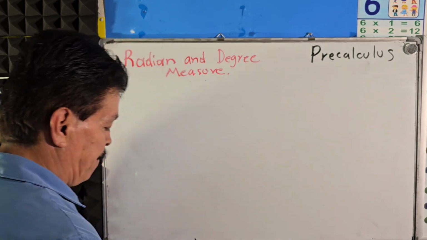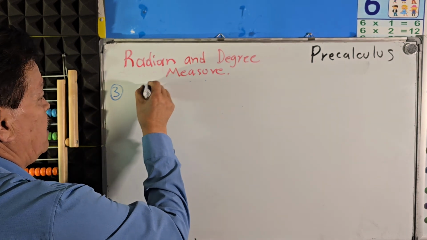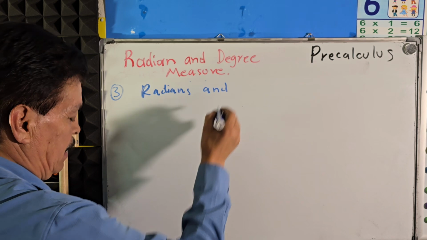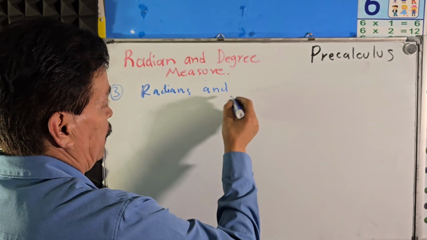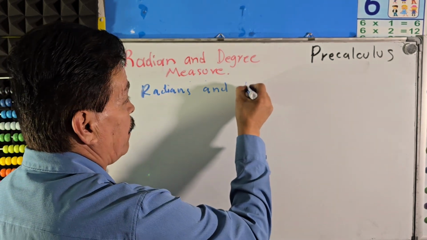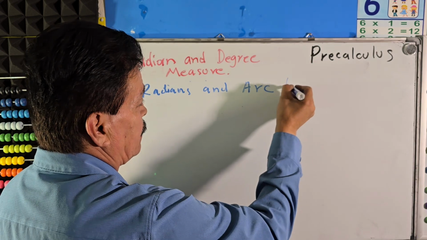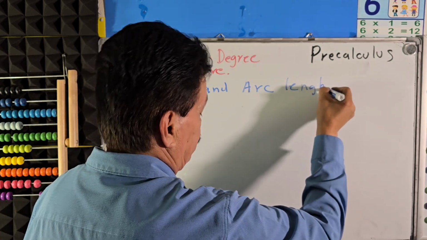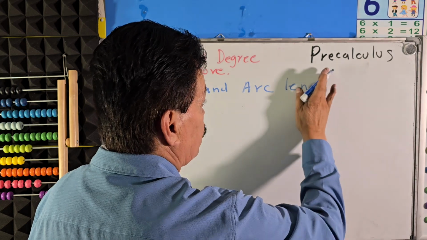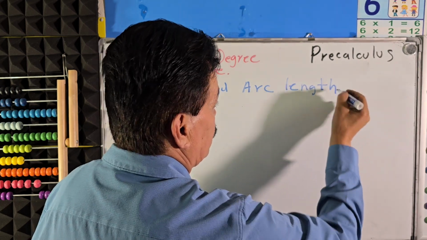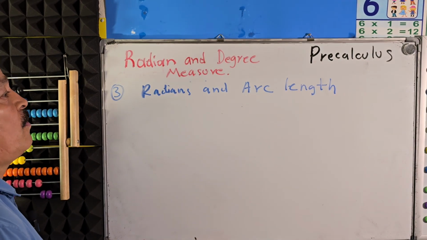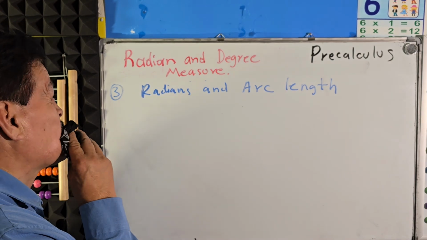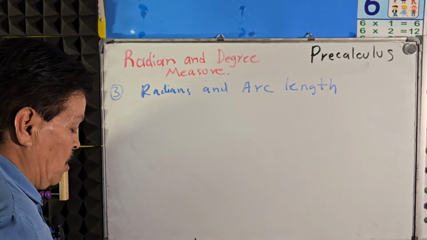Section number 3 is radians and arc length. This is our third section for this topic of precalculus.